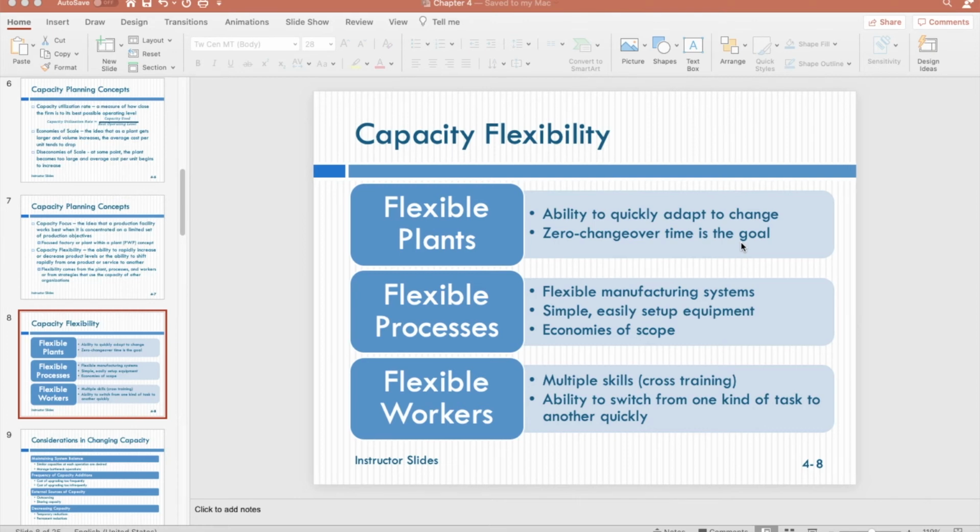Otherwise, if this equipment can only produce product A, and can only produce product B at a little amount, then you cannot suddenly change the whole production line from product A to product B. You will lose some profit opportunity, right? So that's why the flexible process itself is also quite important.